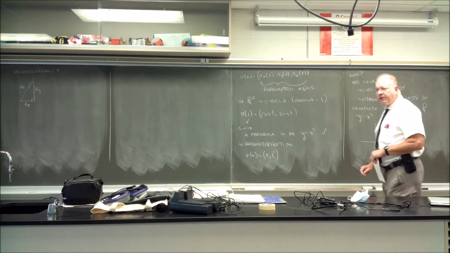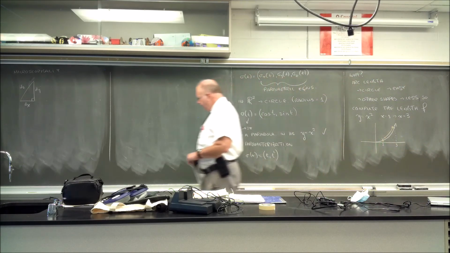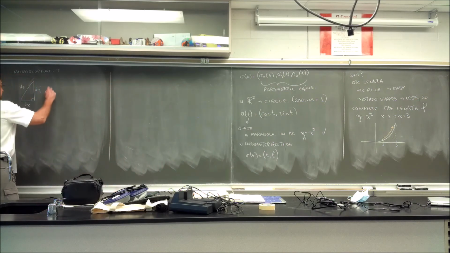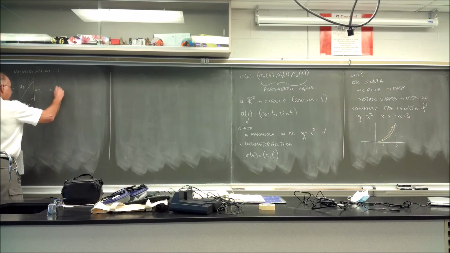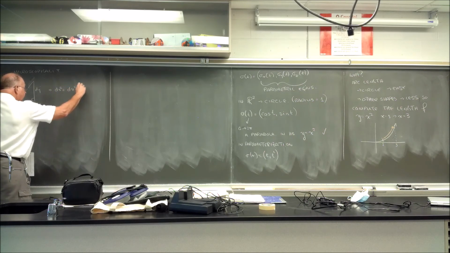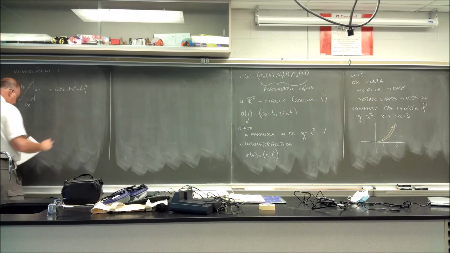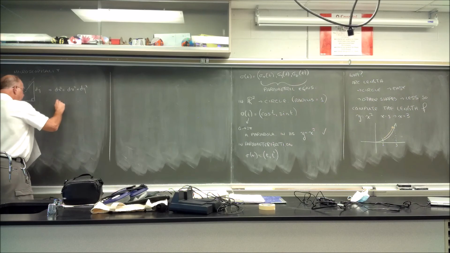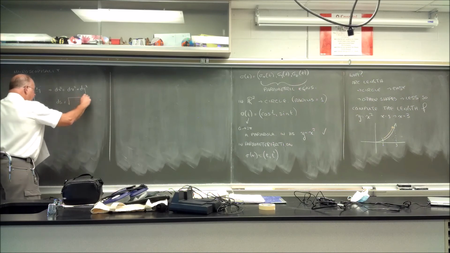Okay? Can't see it with the eye. However, it is not infinitesimal either. And we can see by Pythagoras that we get ds squared equals dx squared plus dy squared. And furthermore, ds then is the square root of these two.